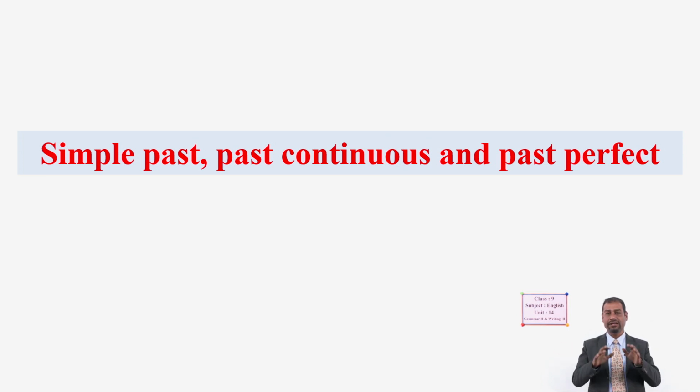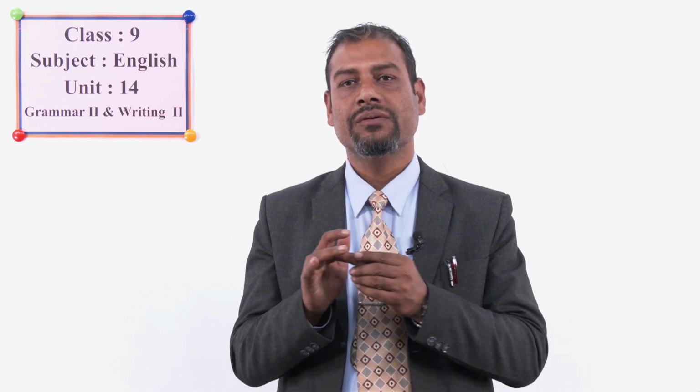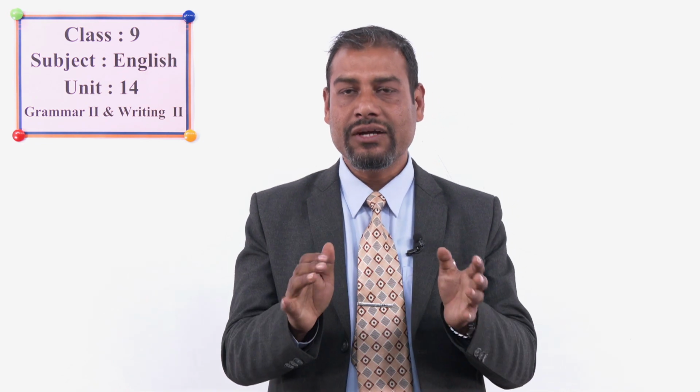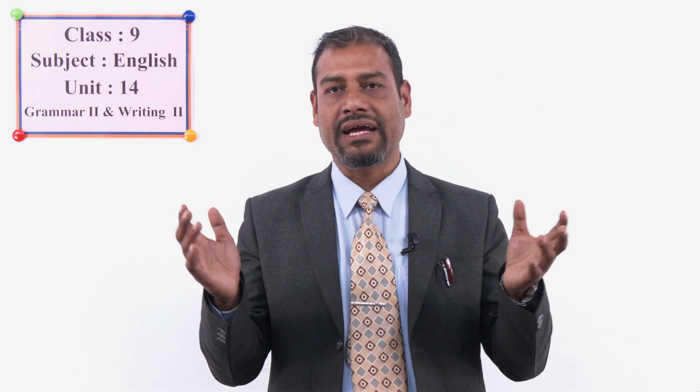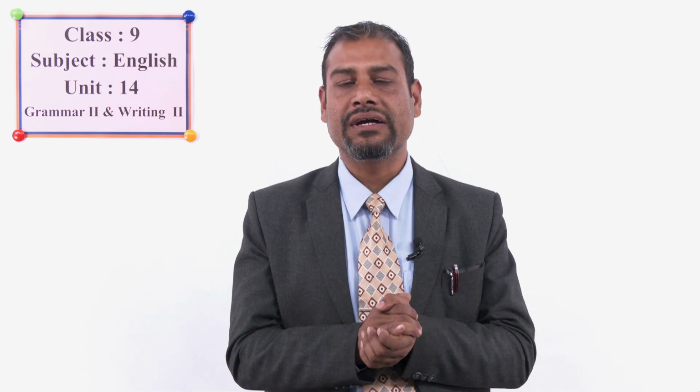For example, in present tense, we have simple present tense, present continuous tense, present perfect tense and present perfect continuous tense. Likewise, we have simple past, past continuous, past perfect and past perfect continuous. Similarly, we have simple future, future continuous, future perfect and future perfect continuous.